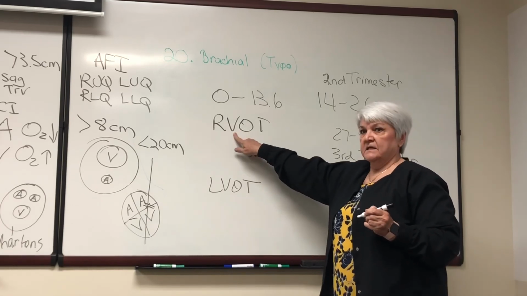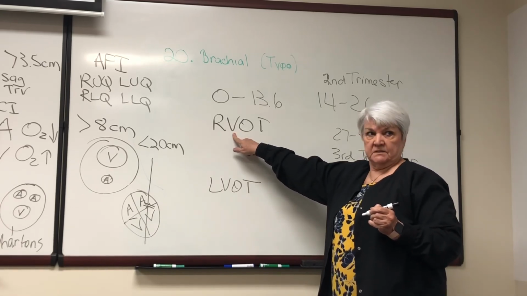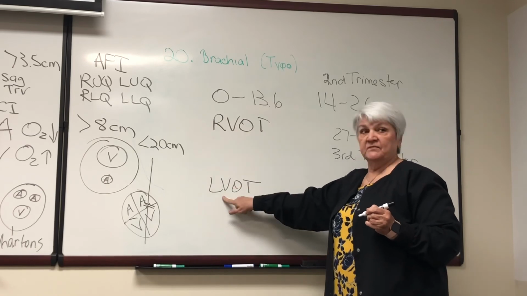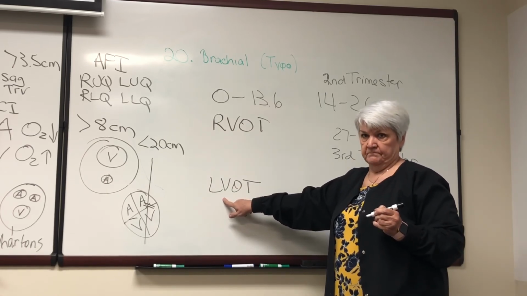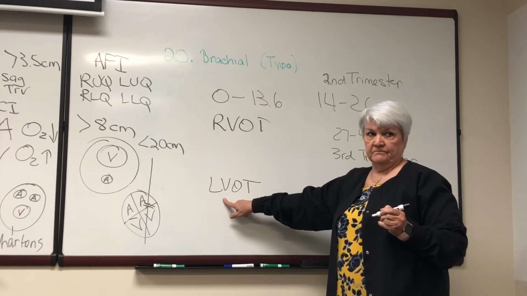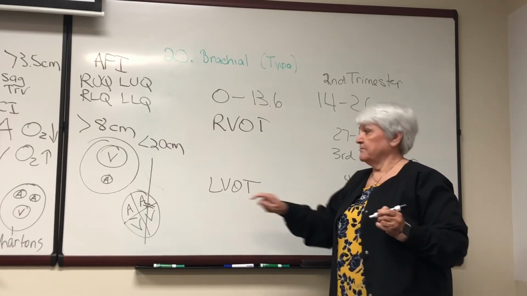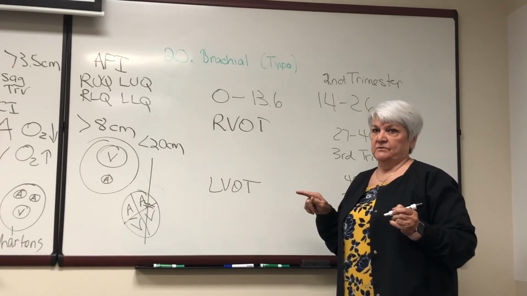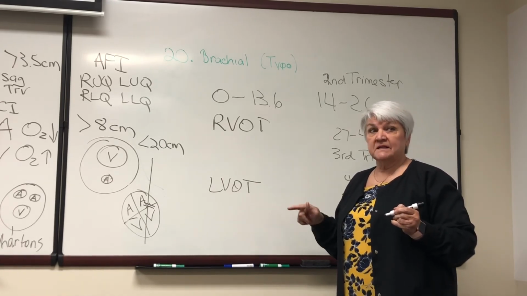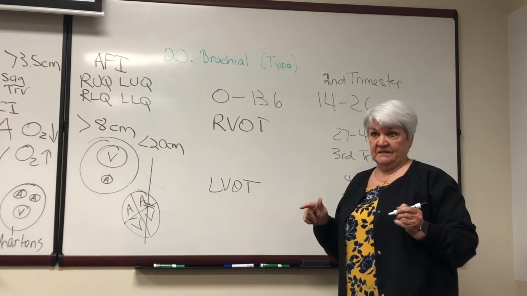The right empties into the lungs. The left leaves the lungs and goes to the left ventricle. Fetal circulation. Okay, I'm going to show you a trick for RVOT and LVOT. You can practice it, but you don't have to have it yet.